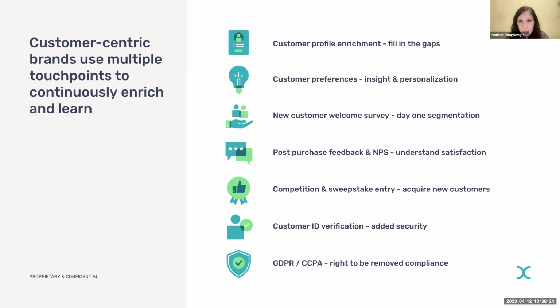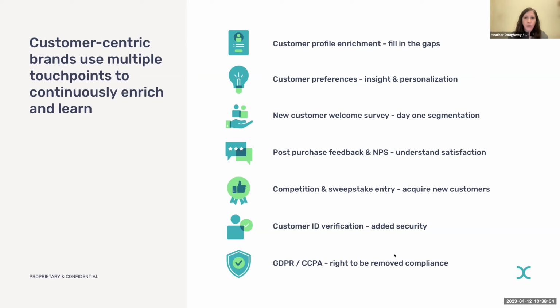A new customer welcome survey is a great way, from day one, to segment them. So understanding when their birthday is, what they're interested in, and whether they're shopping for themselves or someone else gives you a lot of information about their potential purchase intent. Post-purchase feedback, as well as things like NPS, can really help you understand satisfaction and monitor that over time to hopefully get ahead of any potential issues.